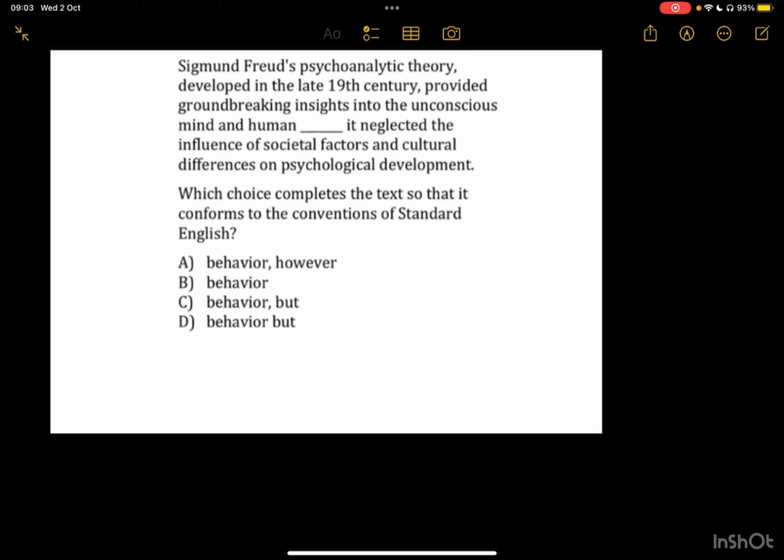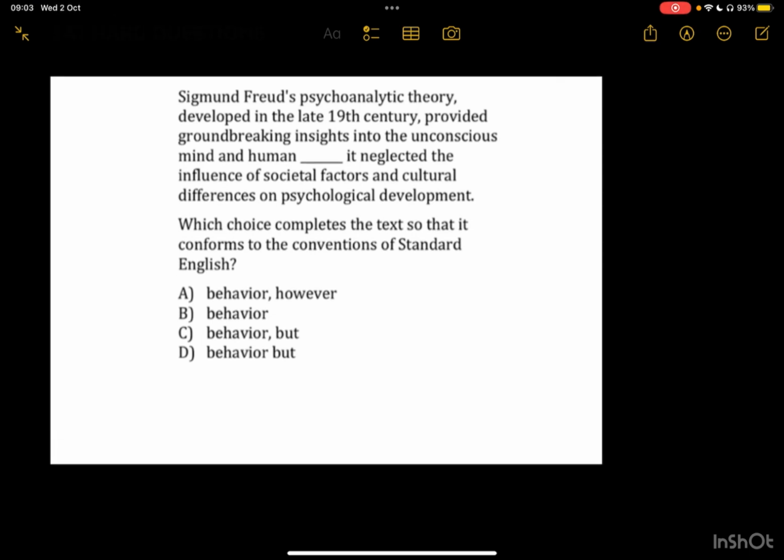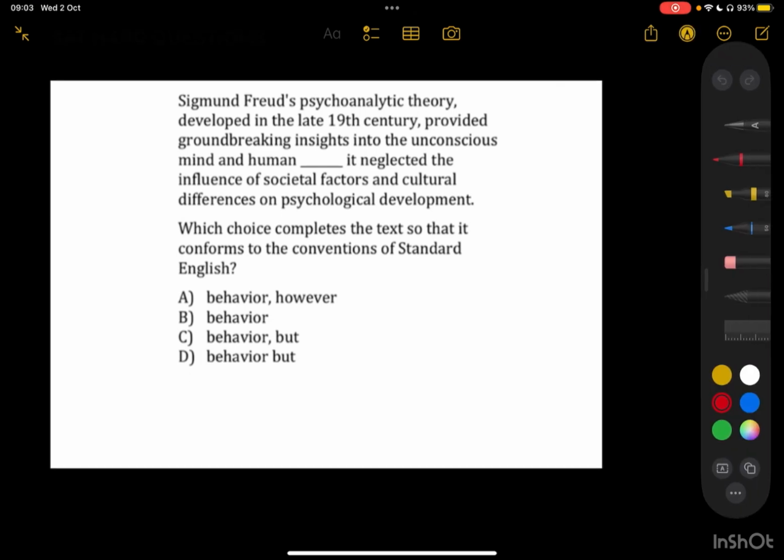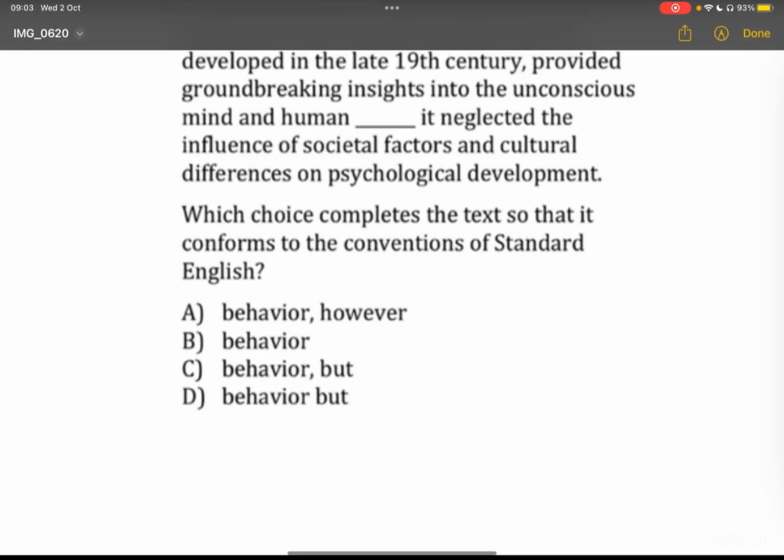Which choice completes the text so that it conforms to conventional standard English? So firstly, we'll look at this first phrase: to the unconscious mind and human behavior. That is one independent clause.